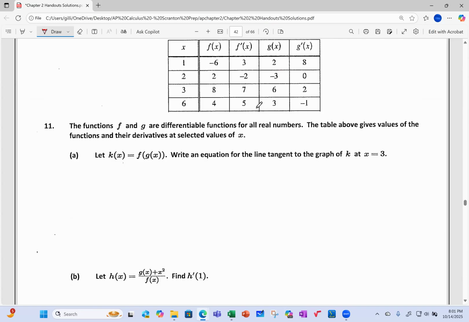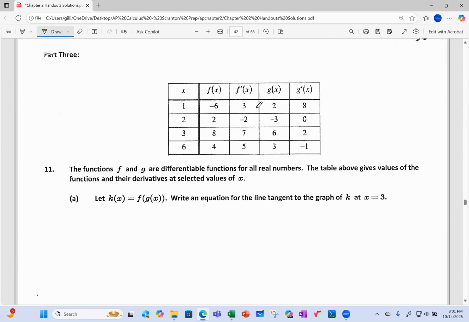Part 3. I need a tangent line for the graph of k at x equals 3. So please know this structure, that a tangent line triggers a slope, which is the derivative, but this derivative is k prime of x, and my a value is 3. So that's the same thing as x, though, guys. So it's just x is 3.